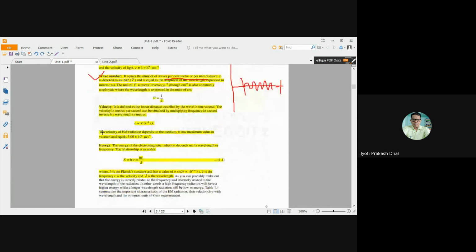Now coming to the next factor, that is velocity. It is defined as the linear distance traveled by the wave in 1 second, just like the definition of velocity: distance traveled by the wave per second. So the velocity in meters per second can be obtained by multiplying the frequency, because we know that frequency is the number of complete waves passing through a particular point in 1 second, and wavelength is the length of a complete wave.